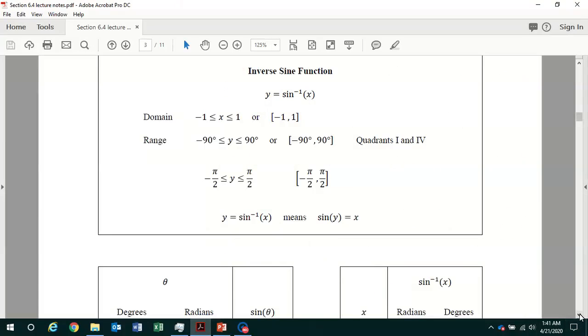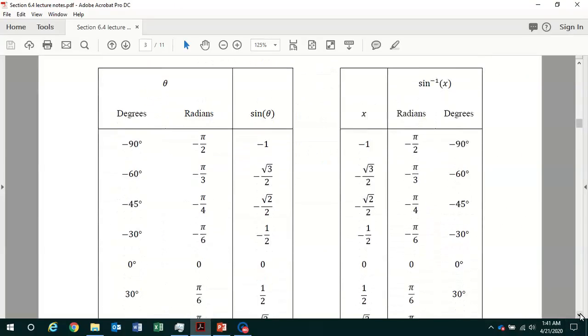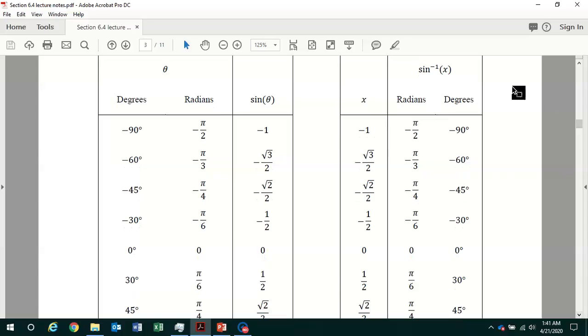So let's summarize the relationship between the sine function and the inverse sine function for these angles. Over here in the table on the left, I have the angles on the unit circle listed from minus 90 degrees to plus 90 degrees, and then their corresponding radian measures. And we know from the unit circle that the sine of minus 90 degrees is the same as the sine of minus pi over 2 radians, which is equal to -1.